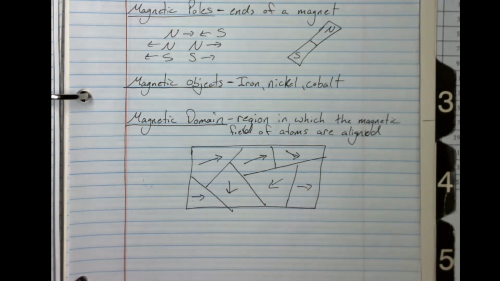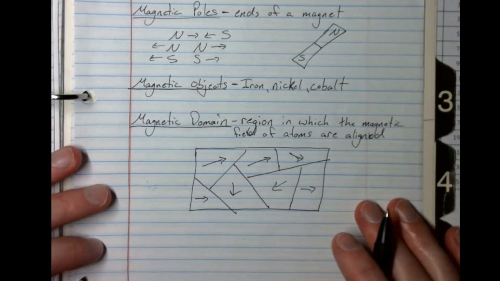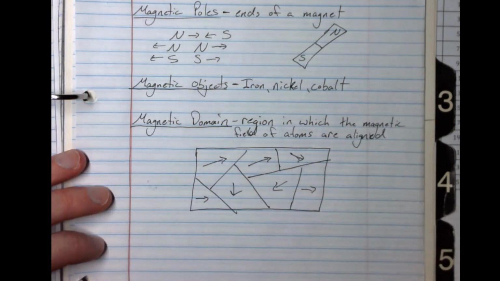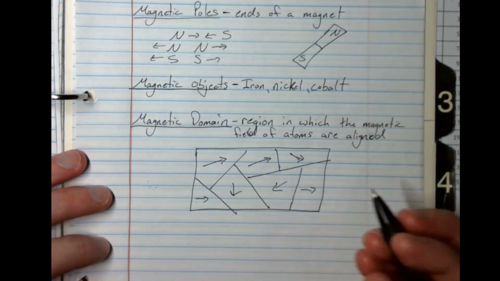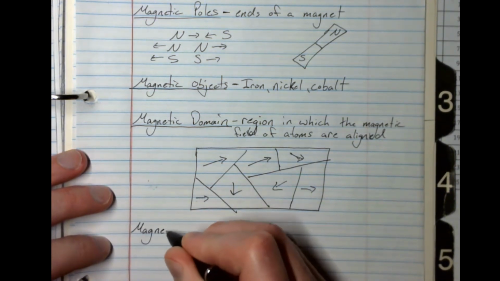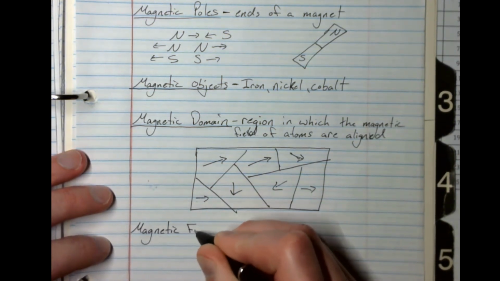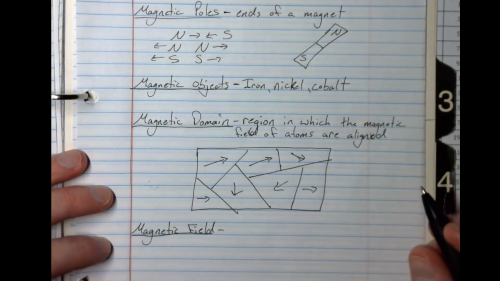All right, so our last word for this page is magnetic field, and that's what we mapped on the previous page with a magnet and a compass. So let's write that down. Magnetic field.